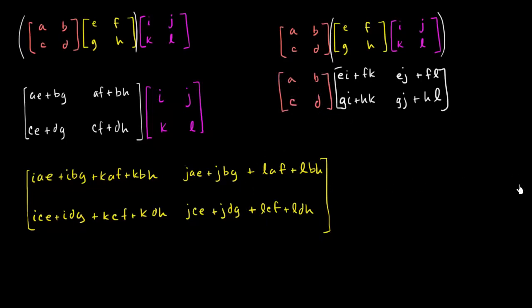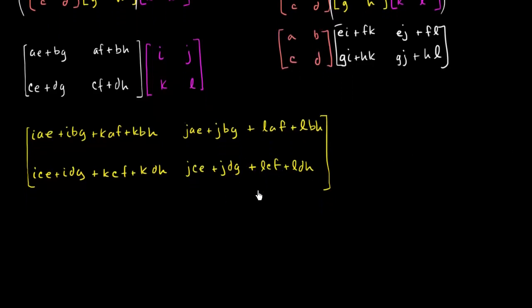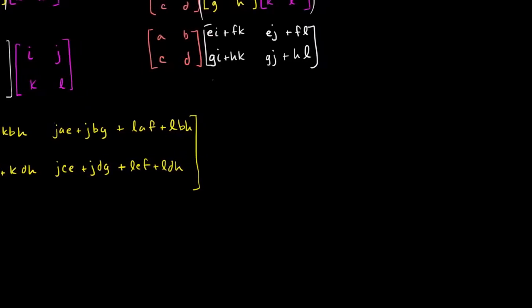And I'm going to need some real estate to do this, so let me do it down here. I'll do it in green. So what am I going to get? So A times this plus B times this.